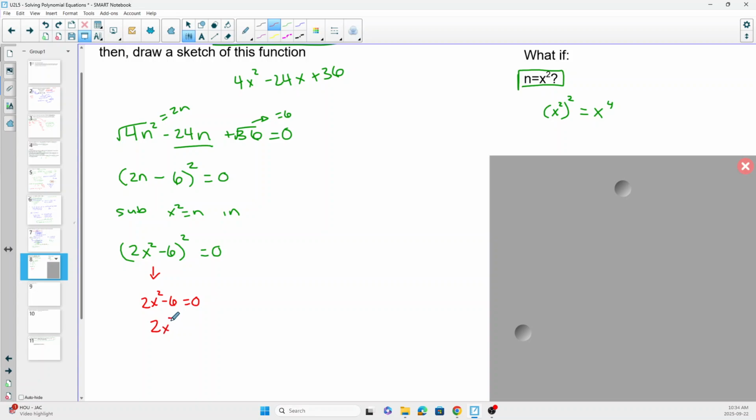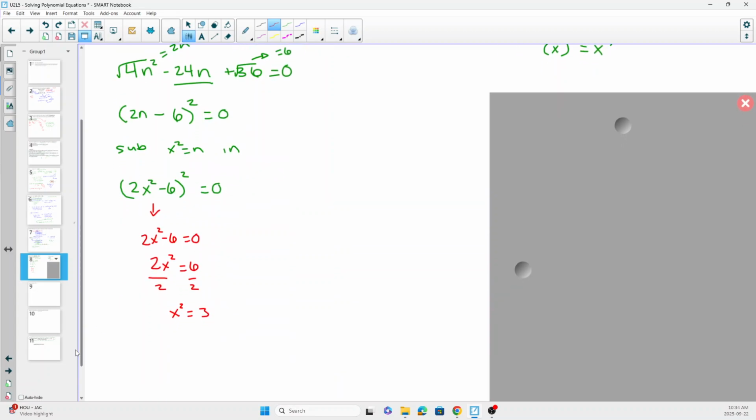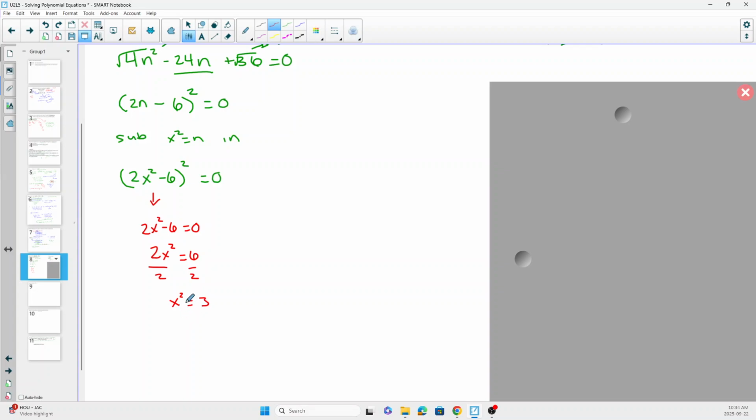We get, okay, well, 2x squared is equal to positive 6. And then we divide by 2 on both sides, and we get, okay, when is x squared equal to 3? And we need to go one step further and get x by itself. And x squared is equal to 3. When we bring that squared to the other side, it's plus or minus the square root of 3.